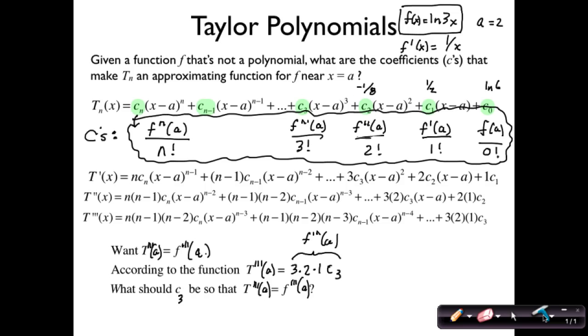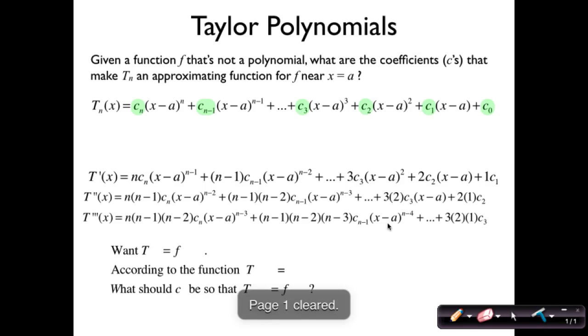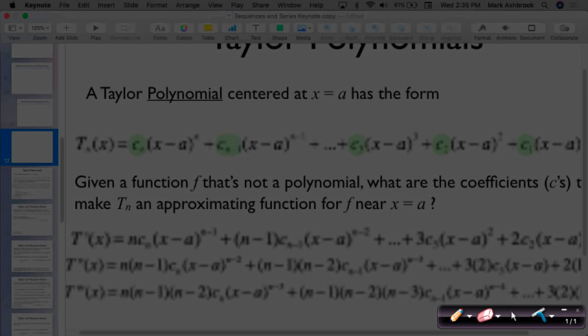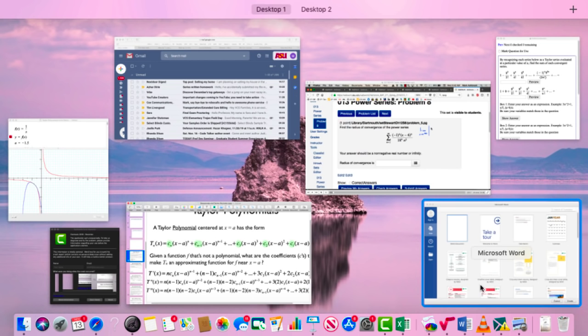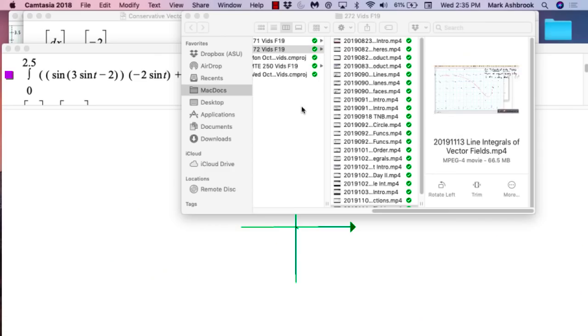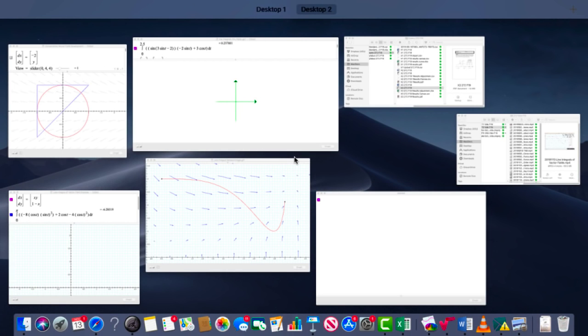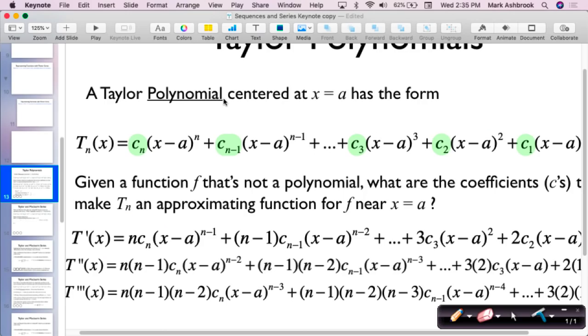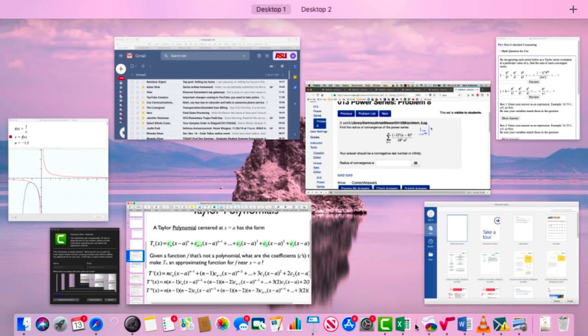Can I erase this? So now we're going to look at, where's it? What do I do? Did I do this?